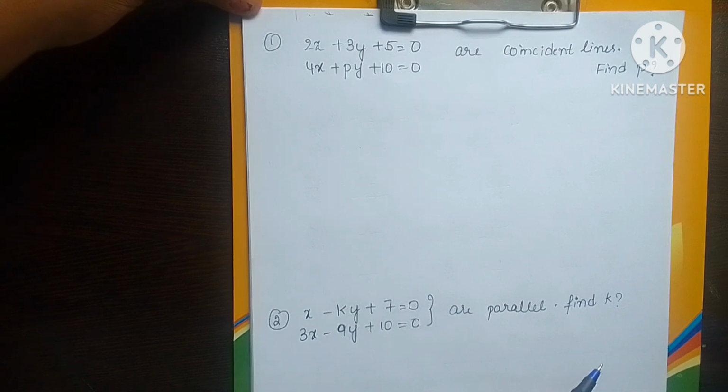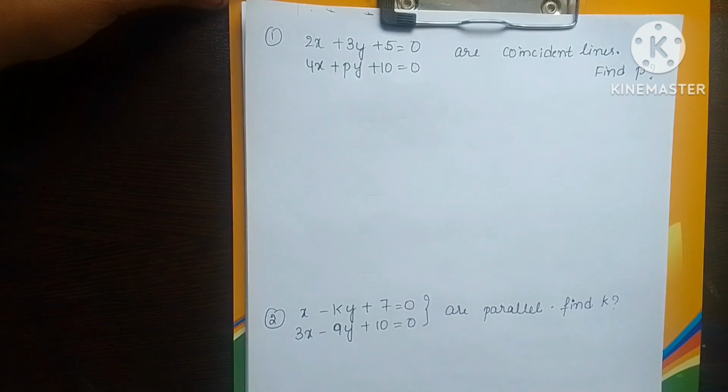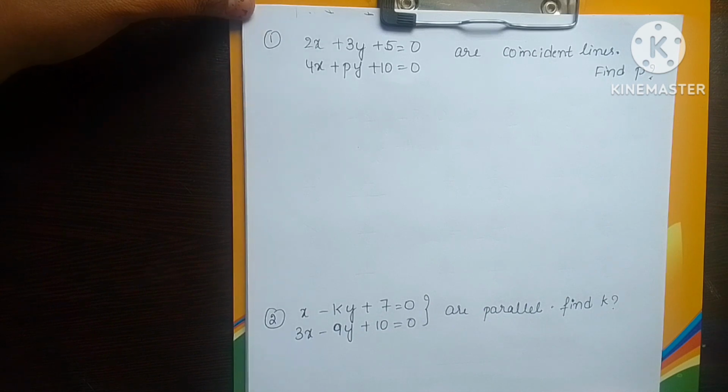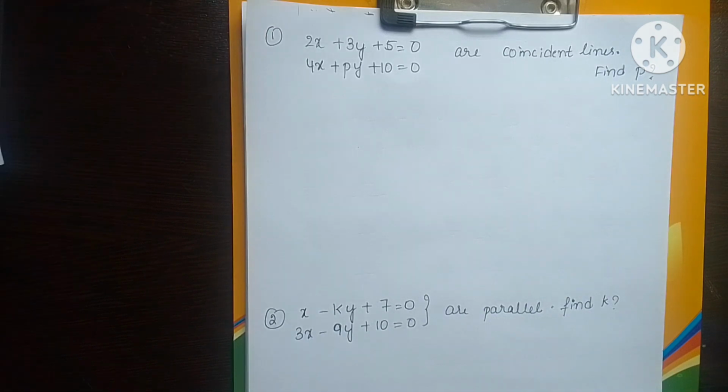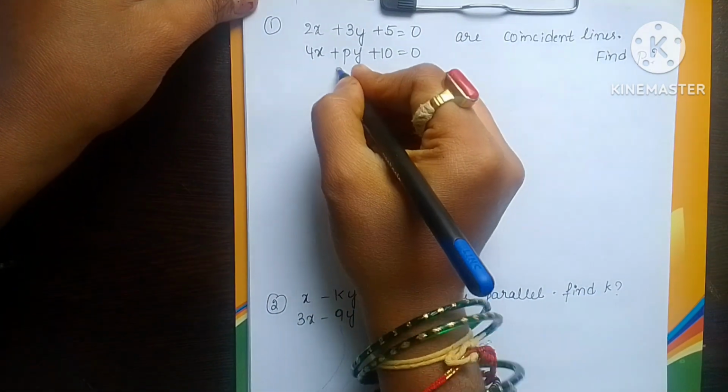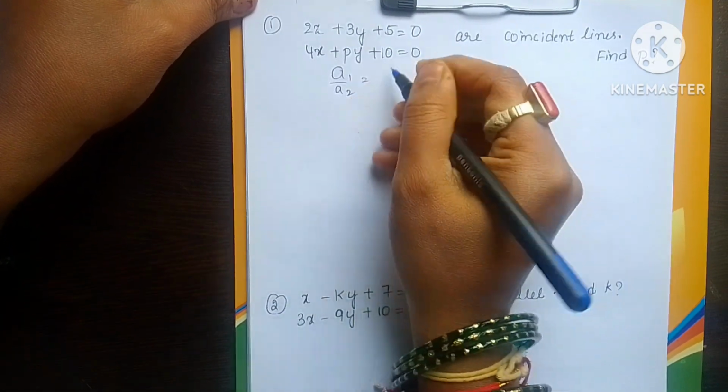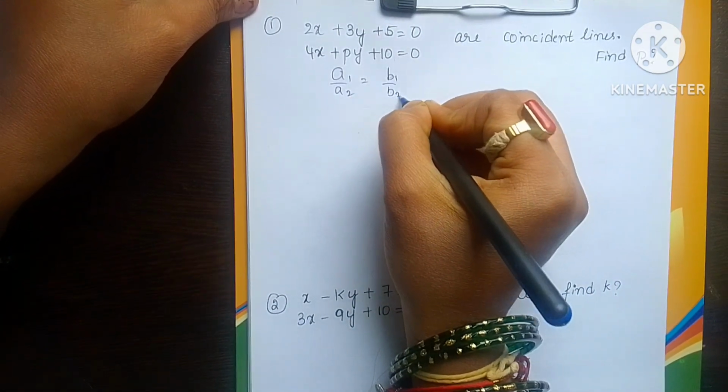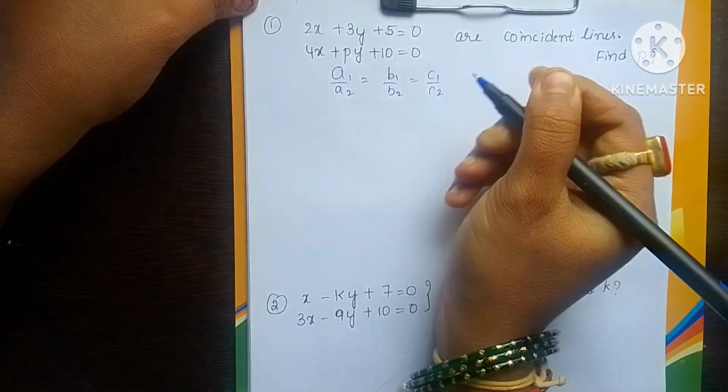In the given question, they have 2x plus 3y plus 5 equals 0 and 4x plus py plus 10 equals 0 as coincident lines. So if the lines are coincident, then what is the condition? The condition is a1 by a2 is equal to b1 by b2 is equal to c1 by c2.